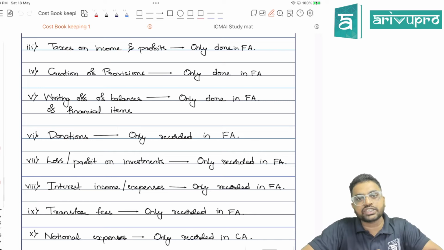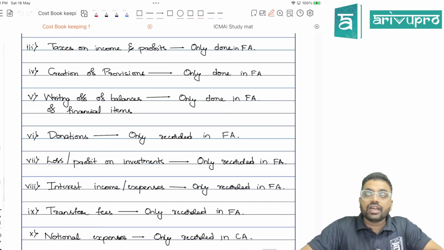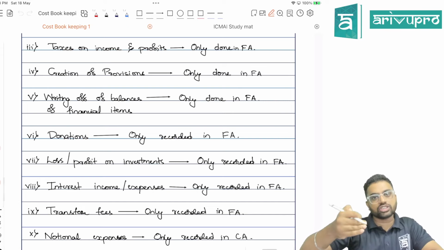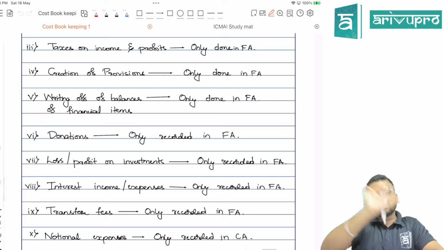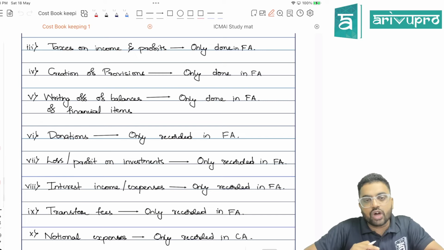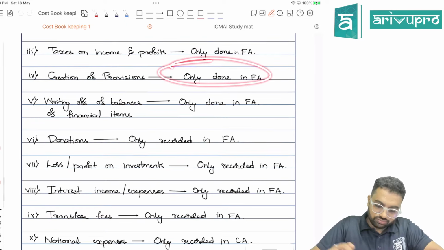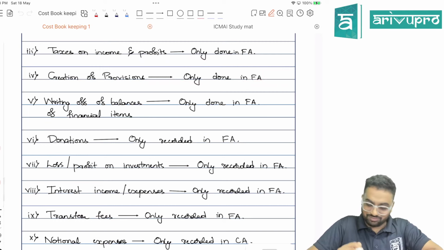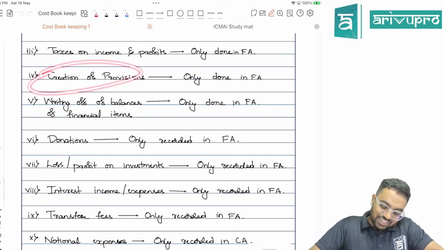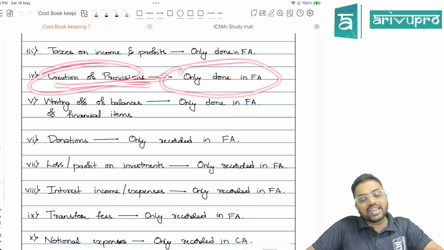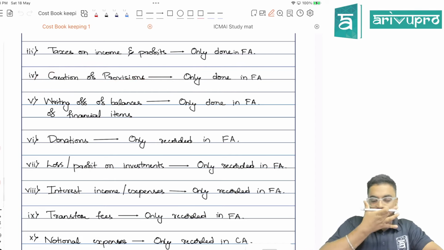The difference is the units consumed during the period, and the slabs will be there, from so much to so much units, with rates that you multiply to find out your electricity bill. For business, there is nothing free. So creation of provision happens only in the financial accounts but not in the cost accounts.